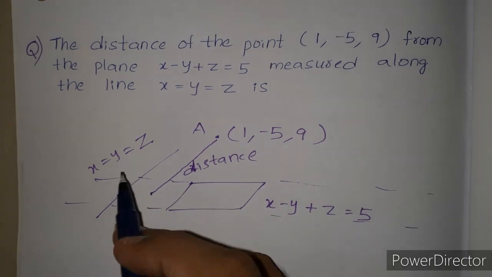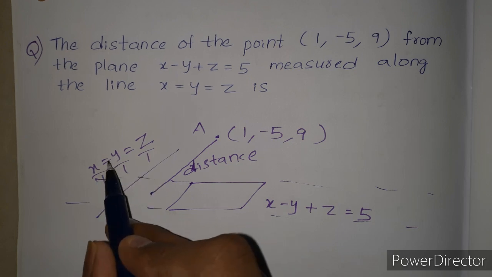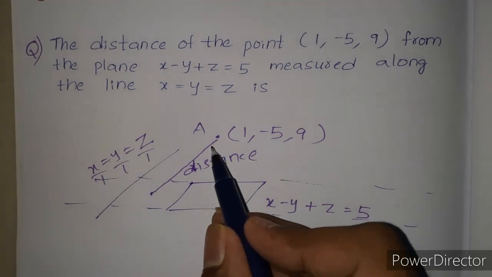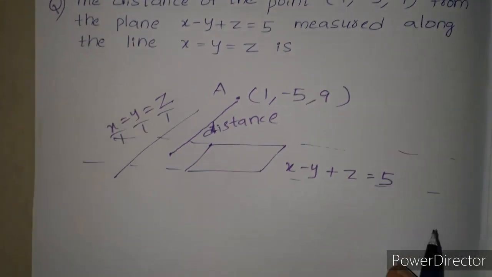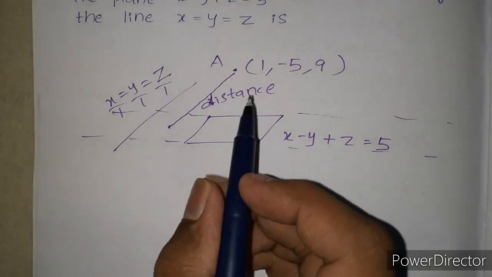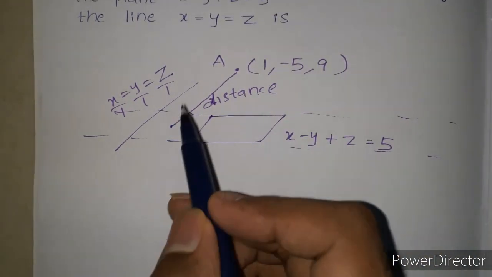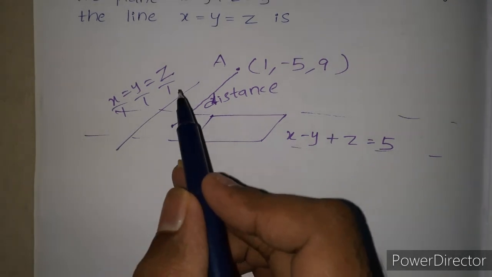This line has the direction ratios 1, 1, 1 and it is passing through the origin (0, 0, 0). Now we need to find the equation of the line that passes through the given point (1, -5, 9) and is parallel to this line with the direction ratios 1, 1, 1.